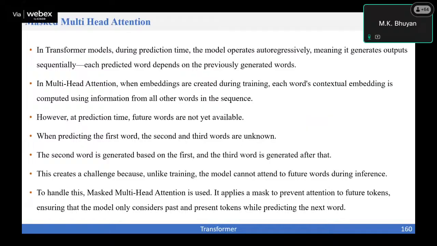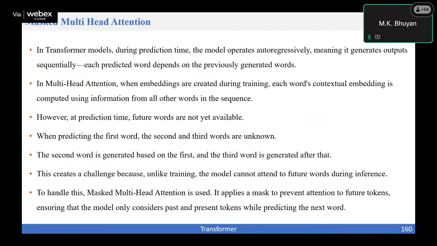So in the prediction process, we do it auto-regressively. What is the meaning of this? Actually, it's a causal operation like in signal processing. We have to predict the words, and the predicted word depends on the previously generated words. We cannot see the future words. In the encoder it is possible to see the future words, but during the decoding it is not possible. We have to predict based on the present word and also the predicted words.